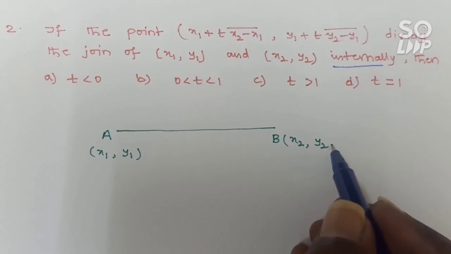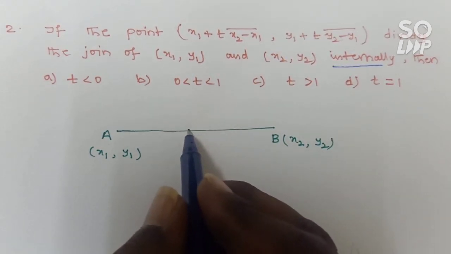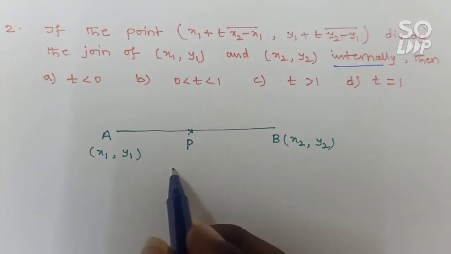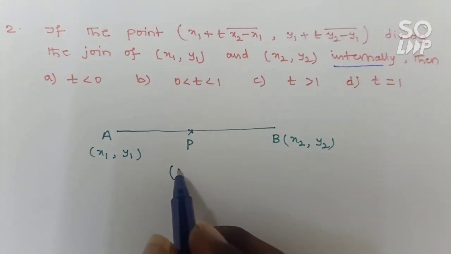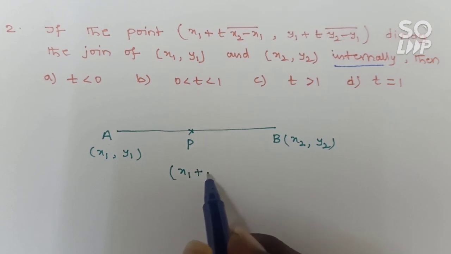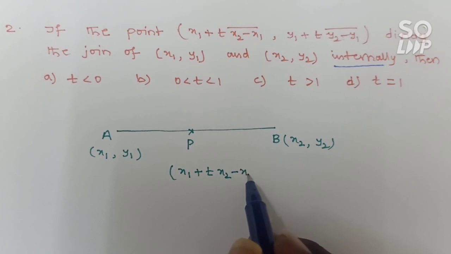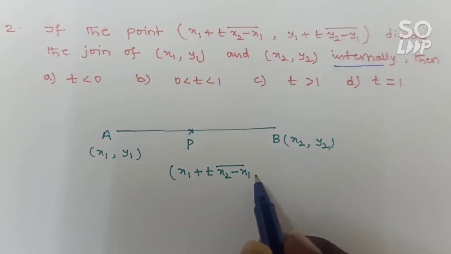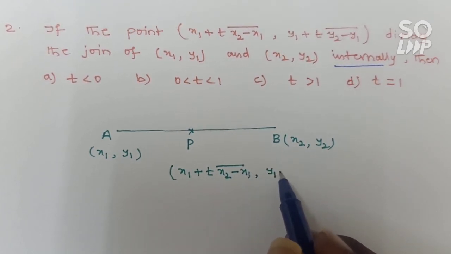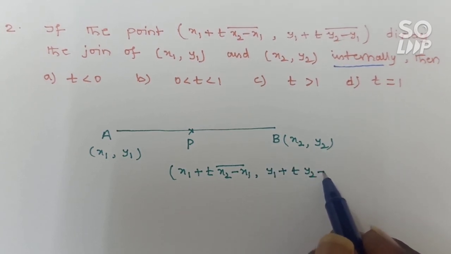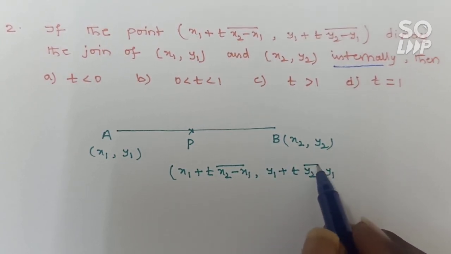Which point divides this line segment internally? Let that point be P. The coordinates of P are x1 plus t into x2 minus x1, comma y1 plus t into y2 minus y1.